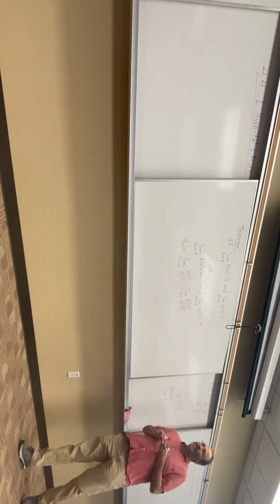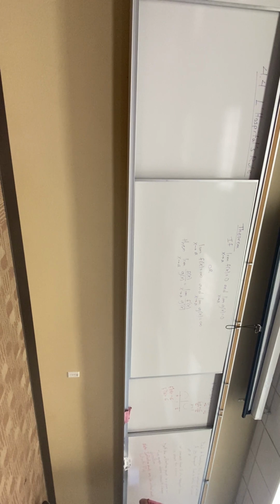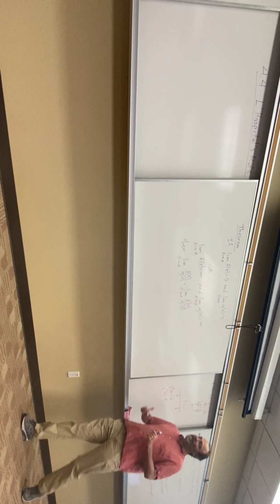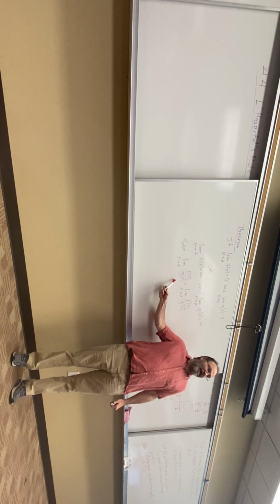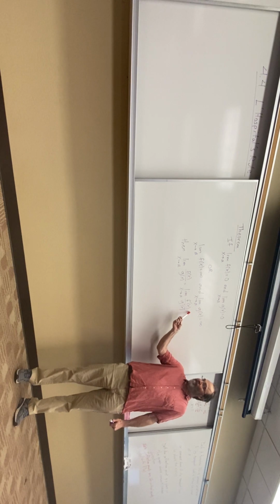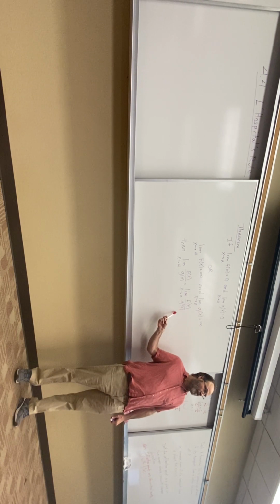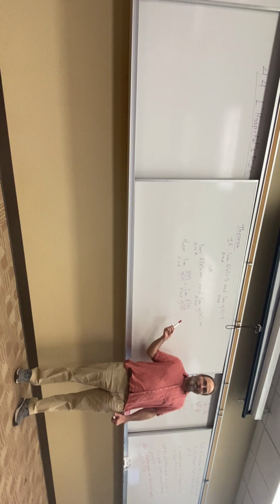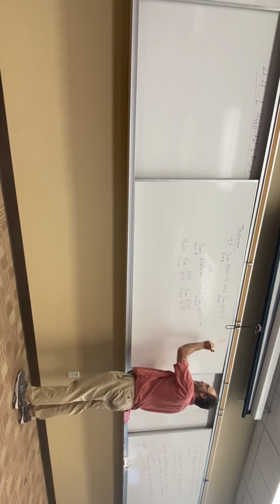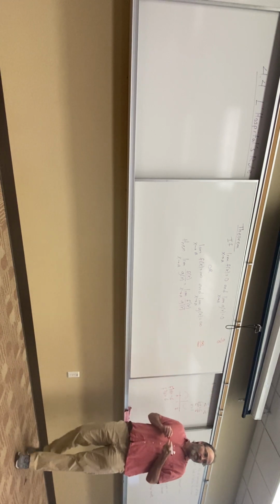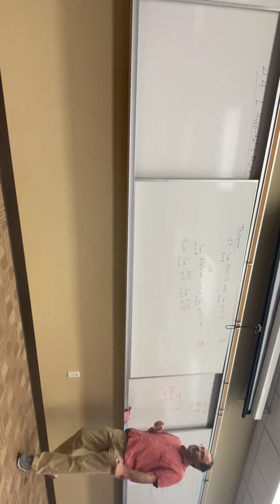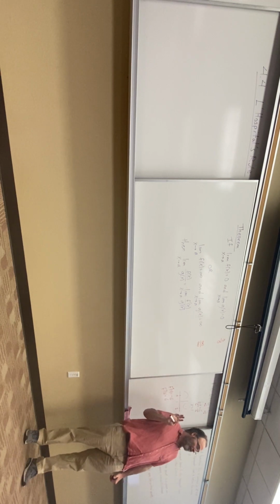If either of these cases holds, then the limit of the quotient f of x over g of x is going to be the same as the limit of f prime of x over g prime of x. Questions?